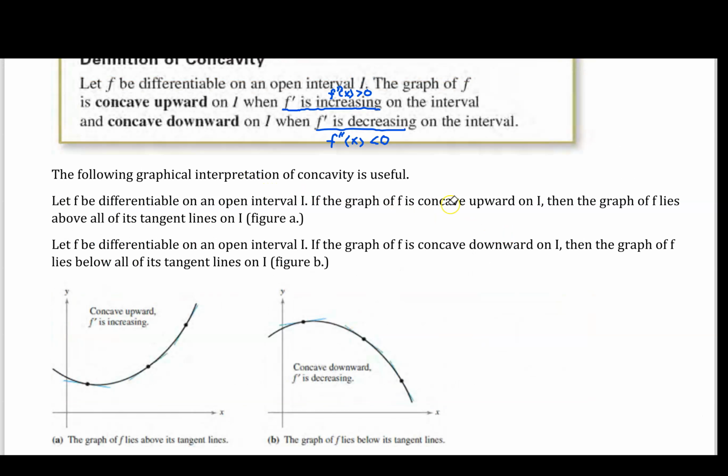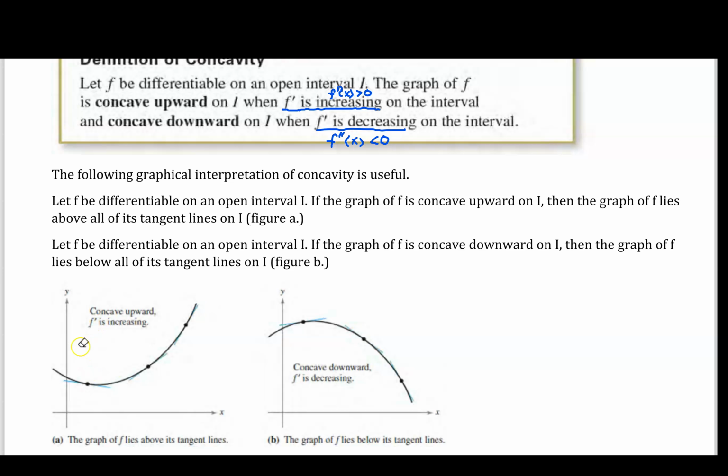Now, to better understand this definition, we will look at the graph here. Let's look at the graphical interpretation of concavity. If f is differentiable on an open interval I, and the graph of the function f is concave upward on I, then the graph of f lies above all of its tangent lines on I. This is a graph of a function that is concave upward.